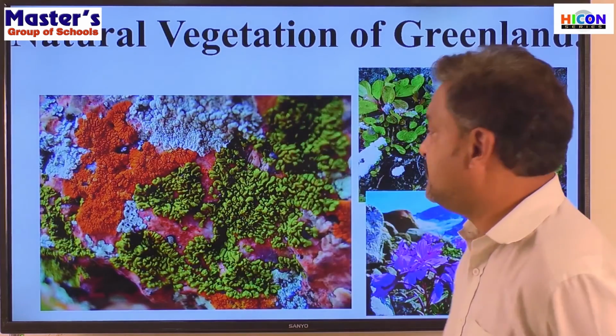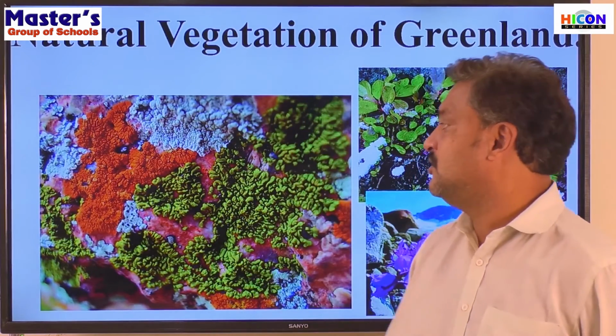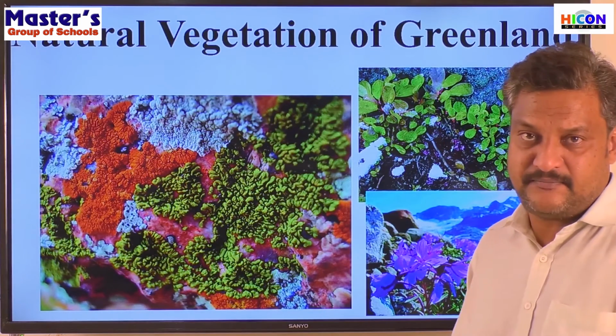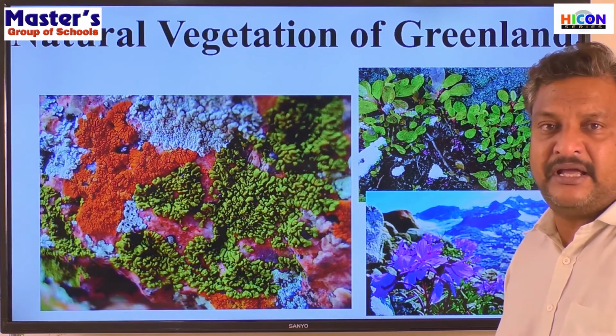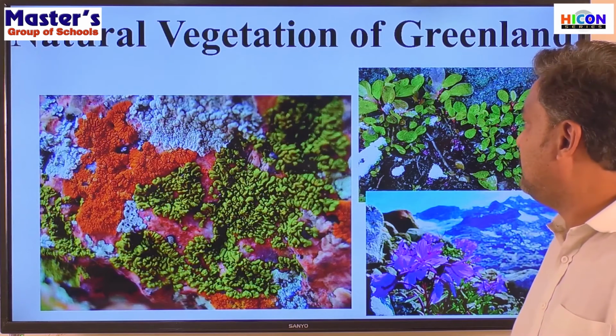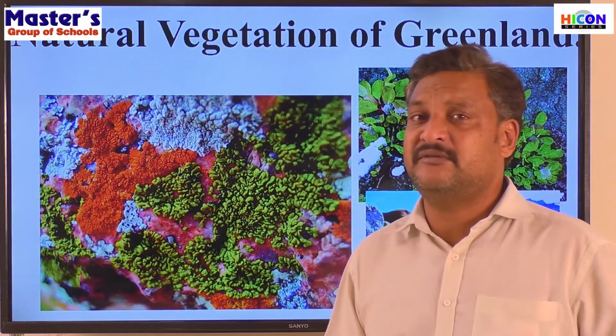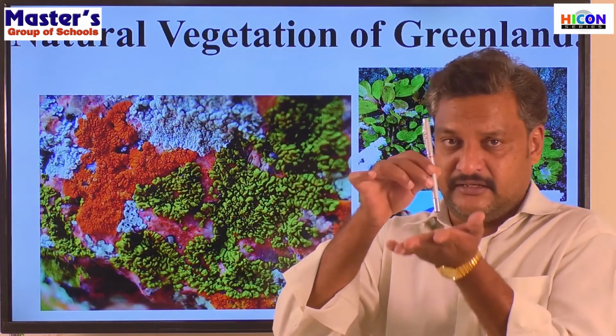Only during the short summer season, at some regions the ice melts and some land is seen by the sun. Only in those regions can we find some moss or lichens or small flowering plants, grass-type flowering plants, which can have a maximum height of 15 centimeters. 15 centimeters means what? Yeah, 1 scale.